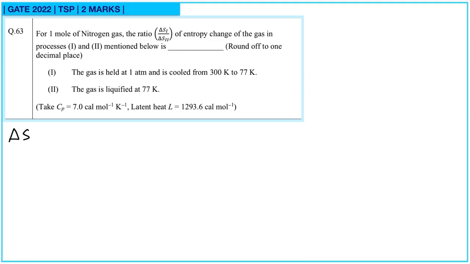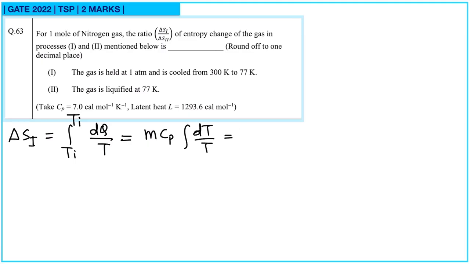So consider the first one. Delta S1 is equal to the integral of dQ by T, as the temperature changes from 300 to 77, going from Ti to Tf. That is m Cp, because pressure is constant, into the integration of dT by T. So this is equal to m Cp ln of Tf by Ti, which is ln of 77 upon 300.